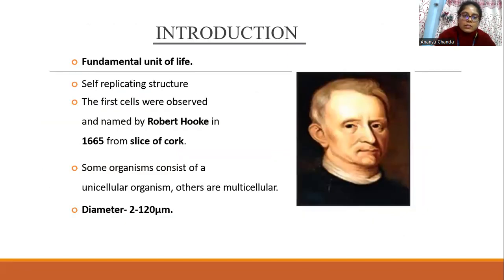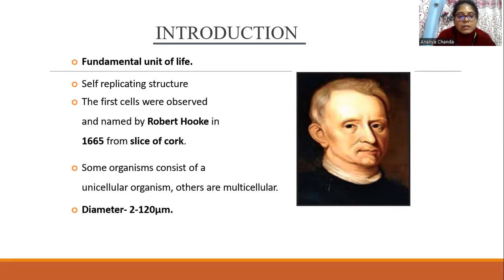So what is a cell? A cell is the basic structural and functional unit of all living organisms. All living organisms can be categorized into unicellular, that is protozoa, yeast and bacteria, and multicellular, that is plants and animals.